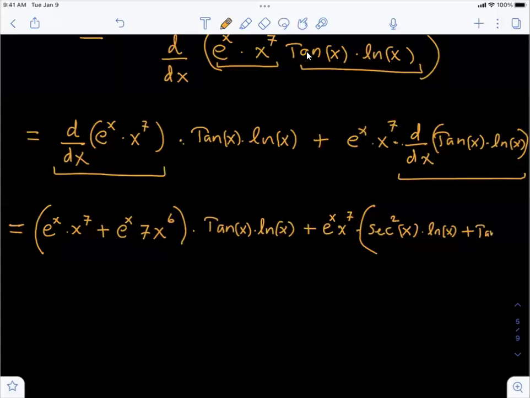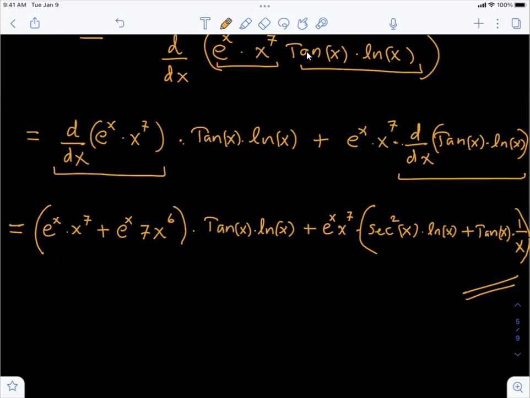So tan x times 1 over x. 1 over x is exactly the derivative of ln x. Now I had to squeeze this into a tight space because the answer looked lengthy. But look at this. The answer did not take long. It took only 2 steps.